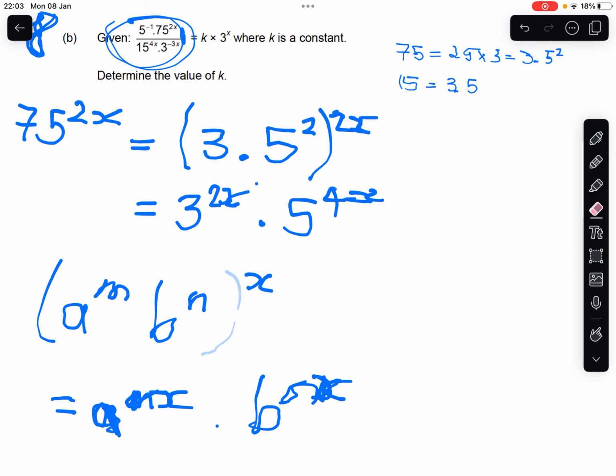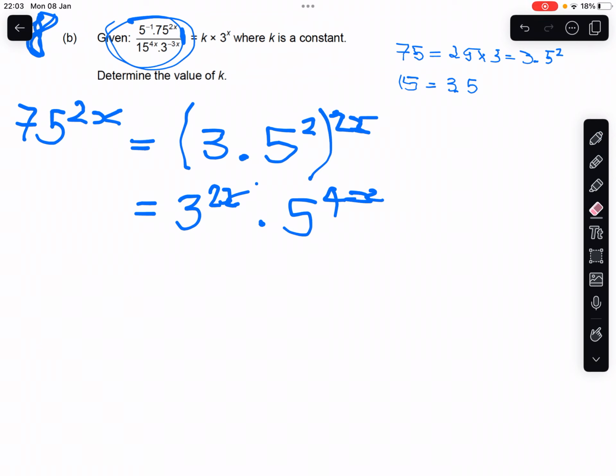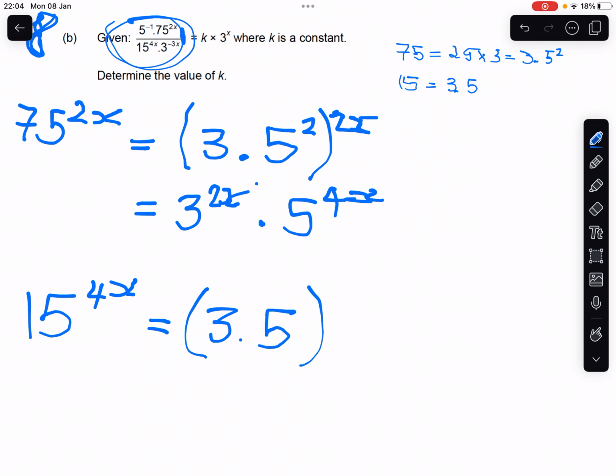We'll use the same rule to express 15 to the power of 4x differently. 15 is the same as 3 times 5, raised to the power of 4x, so that's 3 to the power of 4x times 5 to the power of 4x.